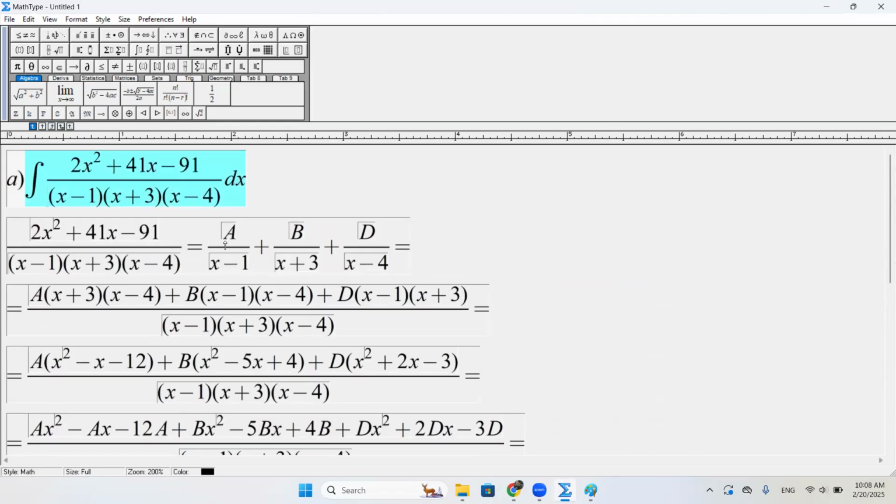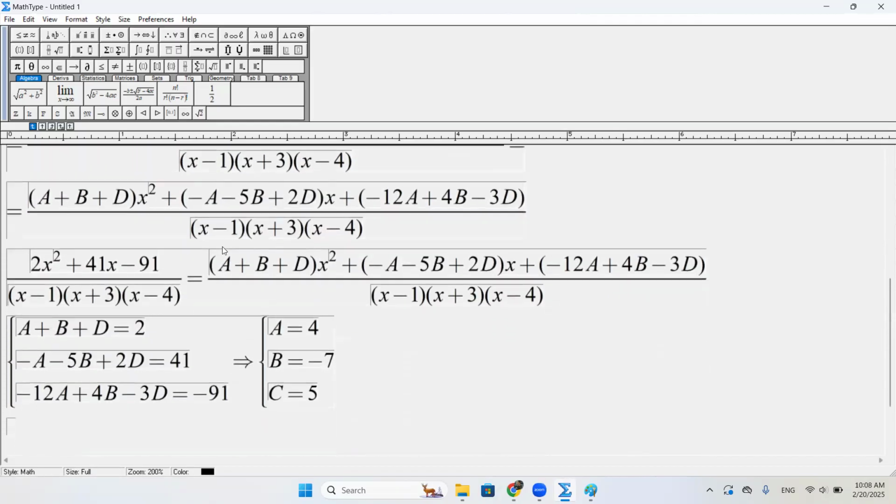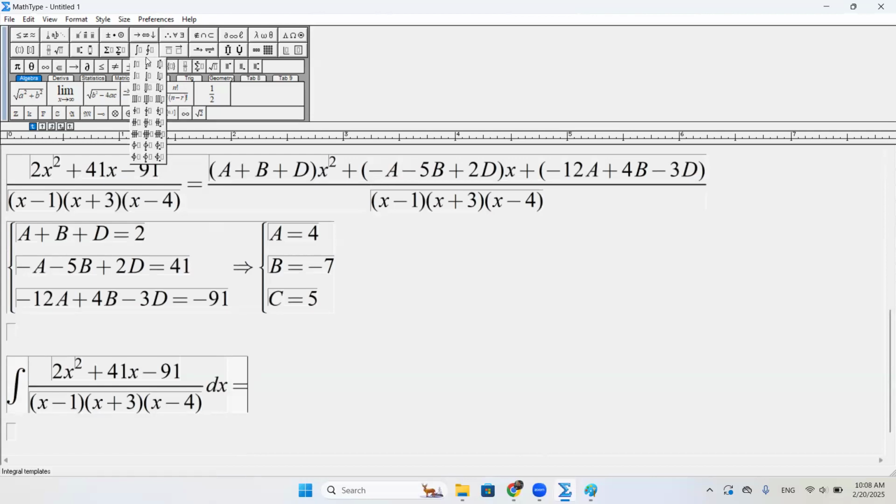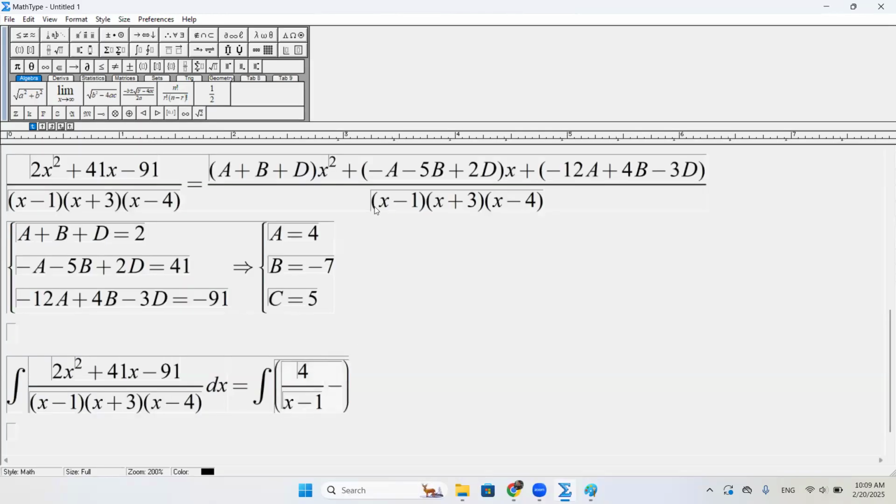So this is the next integral: 4 over x minus 1, minus 7 over x plus 3, plus 5 over x minus 4, dx.